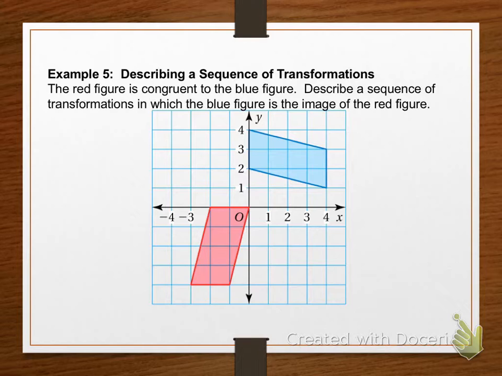So one possible sequence of the transformations is a 90 degrees counterclockwise rotation about the origin, which we would end up with, let me change my color here and show you what I'm looking at, this shape.